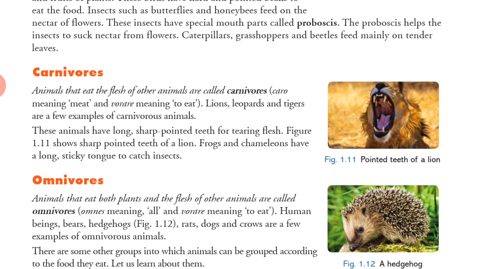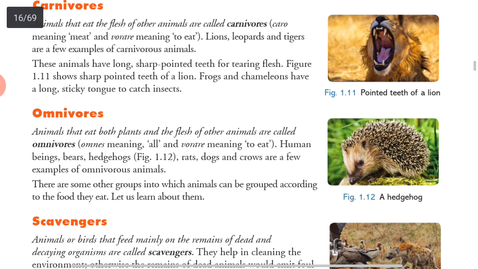Human beings, bears, hedgehogs, rats, dogs, and crows are a few examples of omnivorous animals. There are some other groups in which animals can be grouped according to the food they eat. Let's also discuss them.